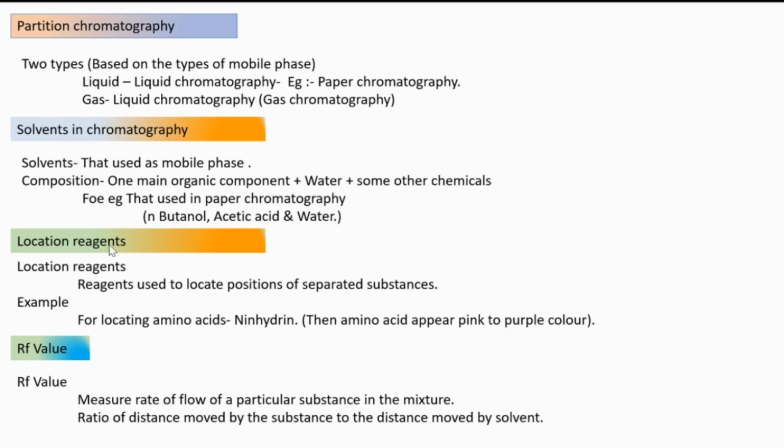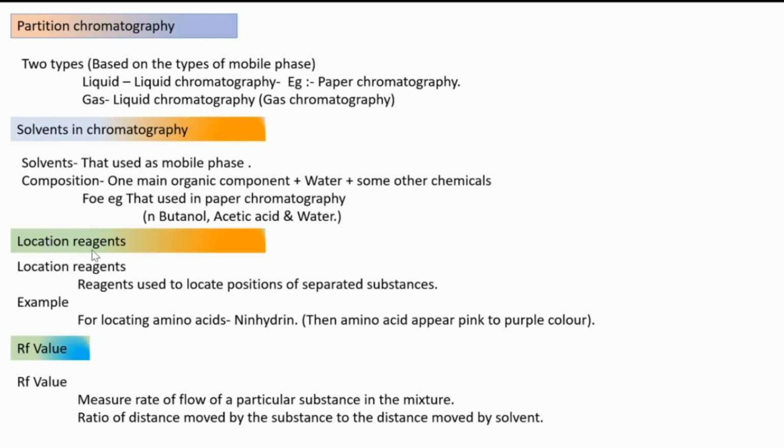Then location reagents are an important thing in chromatography. What is a location reagent? There are certain reagents. What is its purpose? To locate the position of the separated substance, because from the mixture the components may get separated, but if they are not colored, it is very difficult to see them. So to give it a colored appearance, we apply these location reagents.